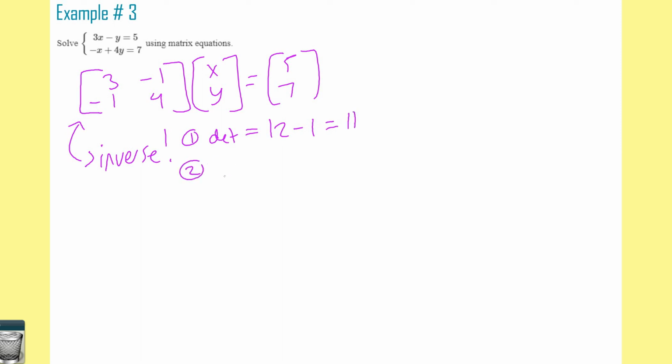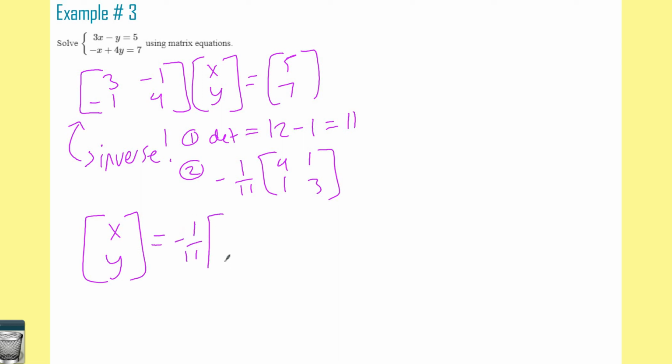Then we find the inverse, negative 1 over 11. And then we change it, so 4, 3, and we negate it. So positive 1, positive 1. And now we can multiply. So the left side is just going to be our variable, but the right side is now this inverse times our constants, 5 and 7.